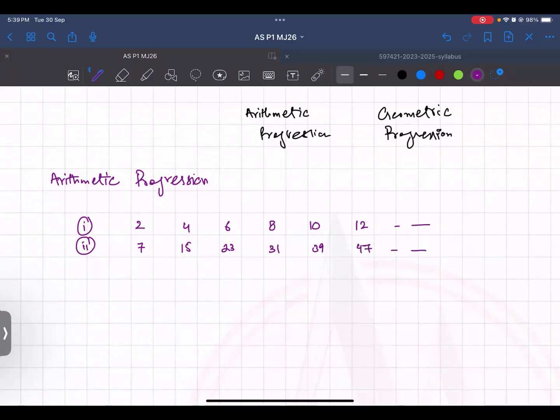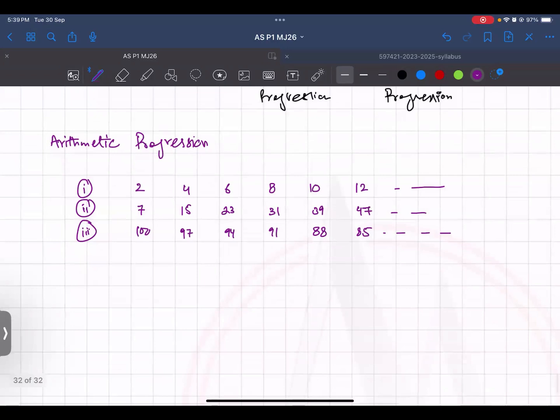Similarly, it can go on as long as you want. Third one, let's suppose it is 100, then 97, 94, 91, 88, 85, and so on and so forth. So all of these are examples of arithmetic progression.